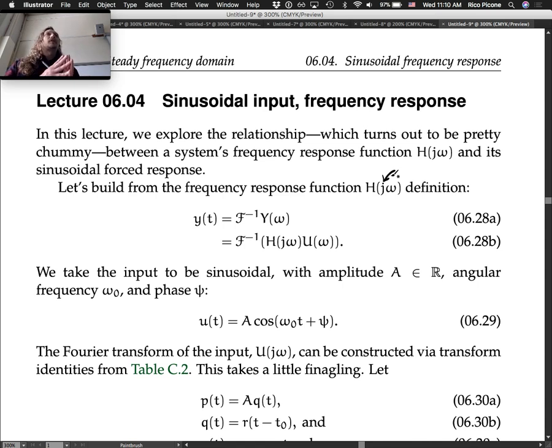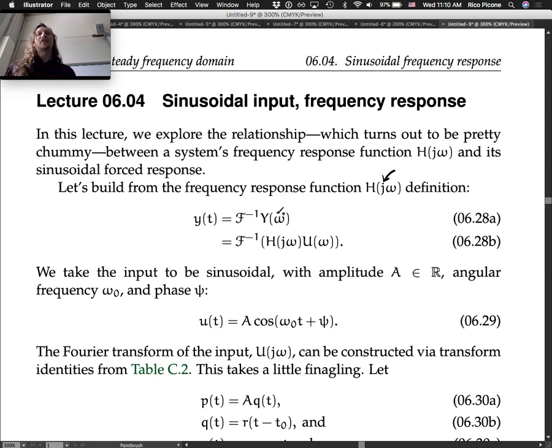I'm going to try to restrict my use of that notation to just the frequency response function, H, okay? So the frequency response function gets a j in there. The other Fourier transforms, I'll just say of omega. We'll see how well that holds up.